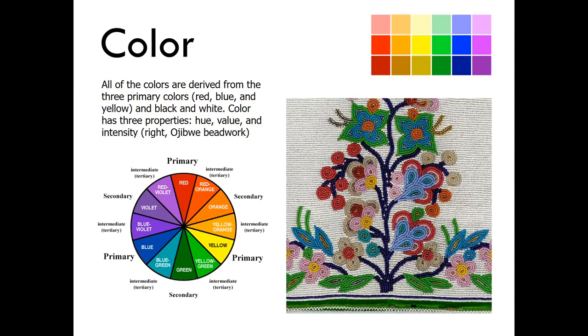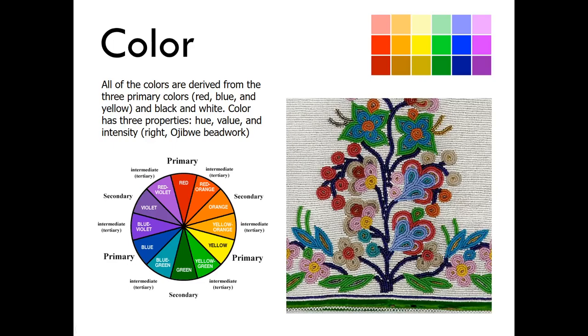Color. Colors are derived from the 3 primary colors. Color is something that's kind of hard to explain because it's not really real. It's just something that our minds create so that we can tell different types of light apart. Light that we can see can have different colors, and that helps us identify things.